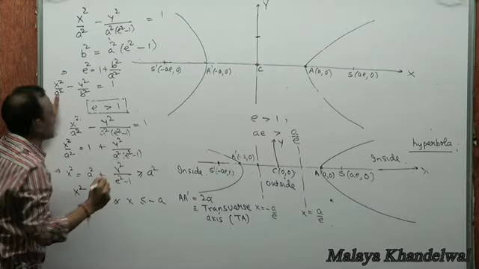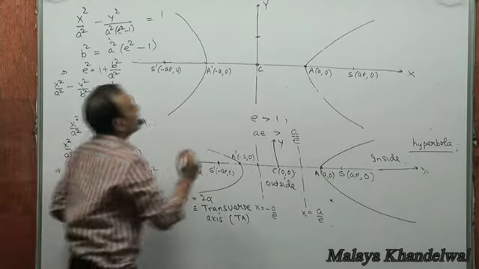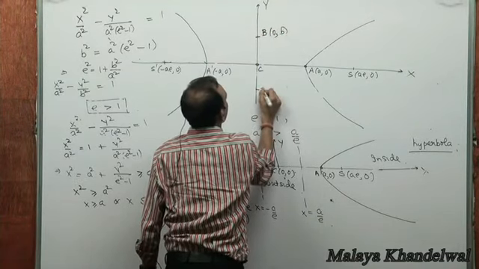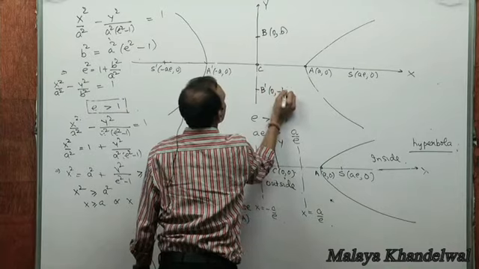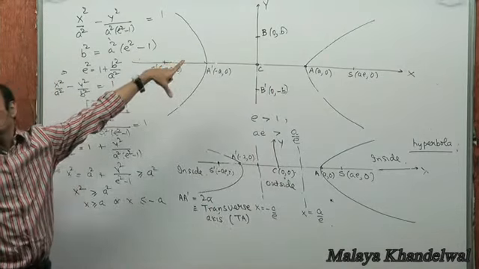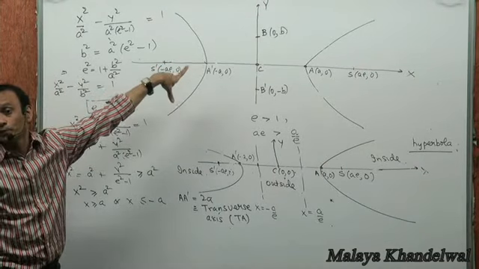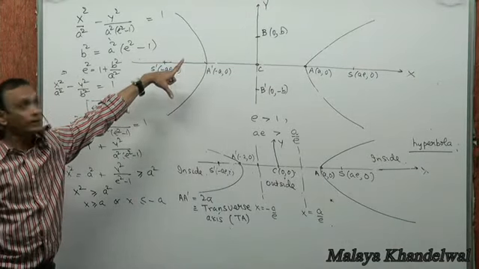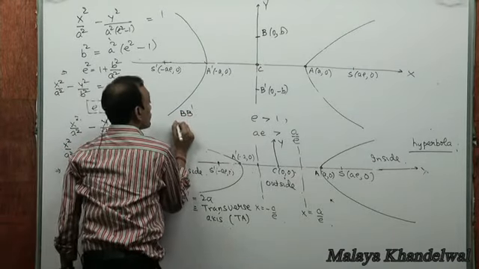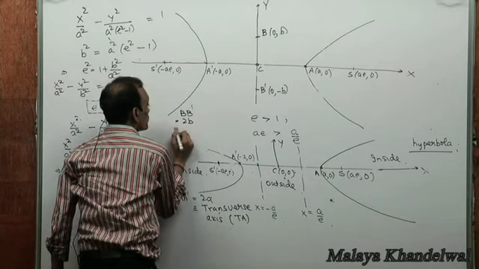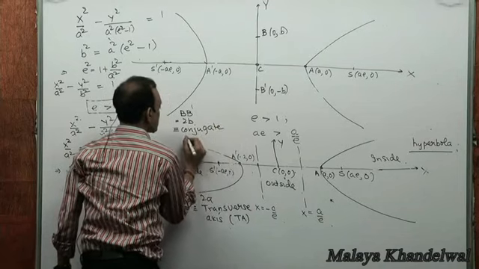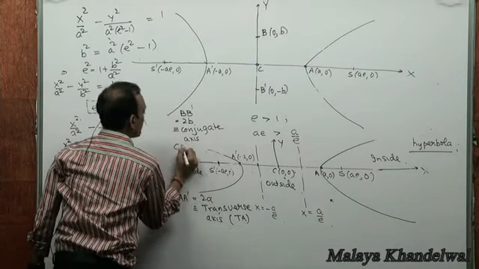AA prime is called the transverse axis of the hyperbola, right? We take a point 0, b and a point b prime, which is 0 comma minus b. Then these points B and B prime are not points on the hyperbola, by the way. This length BB prime, which is 2b, is called the conjugate axis, or CA.